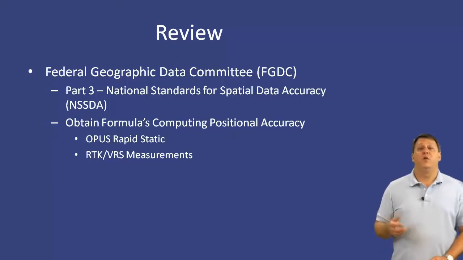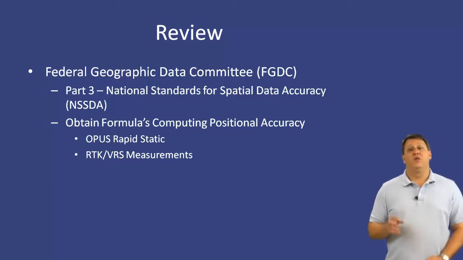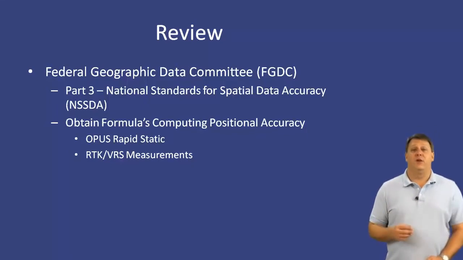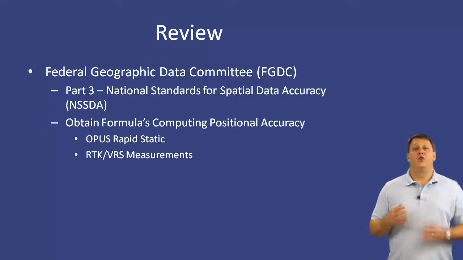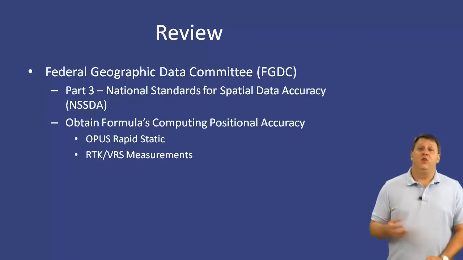As we move forward in this training session, we're going to show you how to compute positional accuracy from OPUS static reports, OPUS rapid static reports, and from RTK or VRS measurements. By using Microsoft Excel, we're going to show you how to enter these formulas into a spreadsheet that can be used over and over again for computing positional accuracy for your jobs.